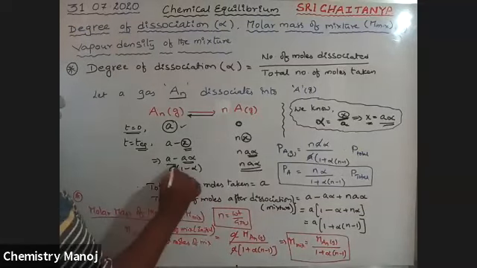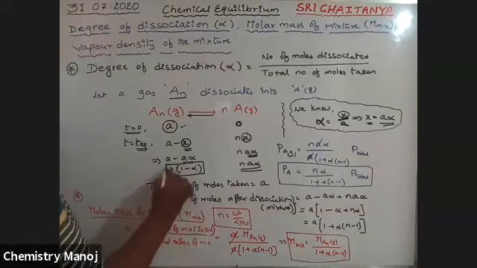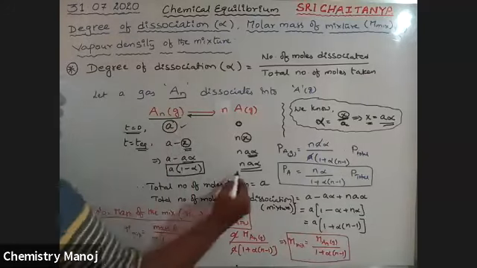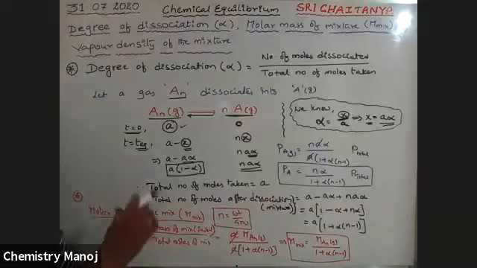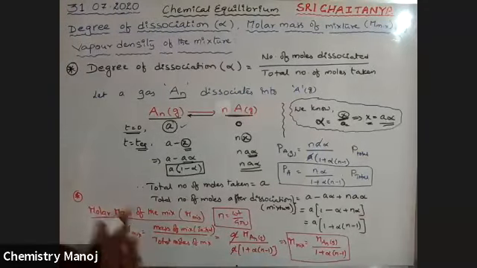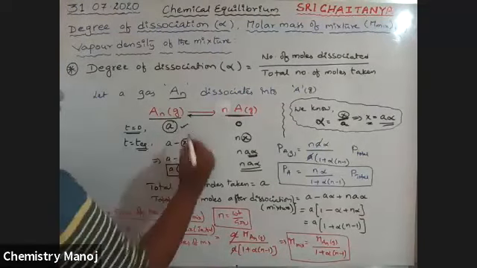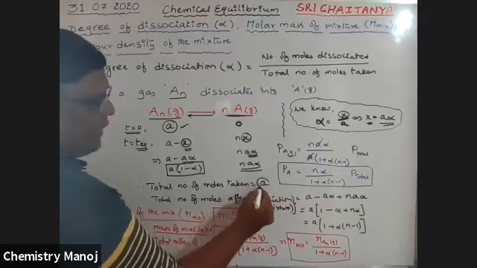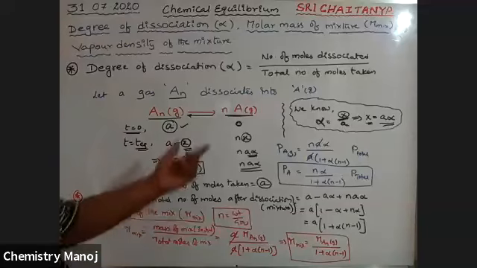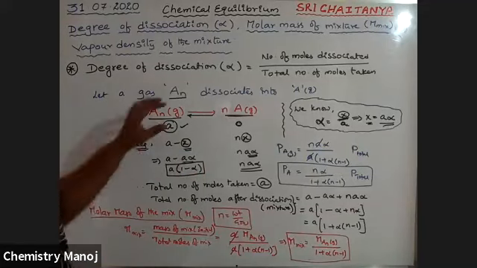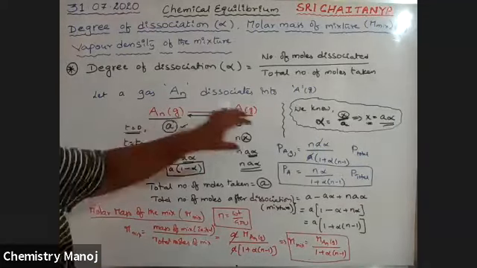These are the number of moles of reactant and the number of moles of product. Now, how much is the total number of moles? Initially a moles are taken. So what is the total number of moles in the mixture? In the mixture, both the reactant and the product exist.